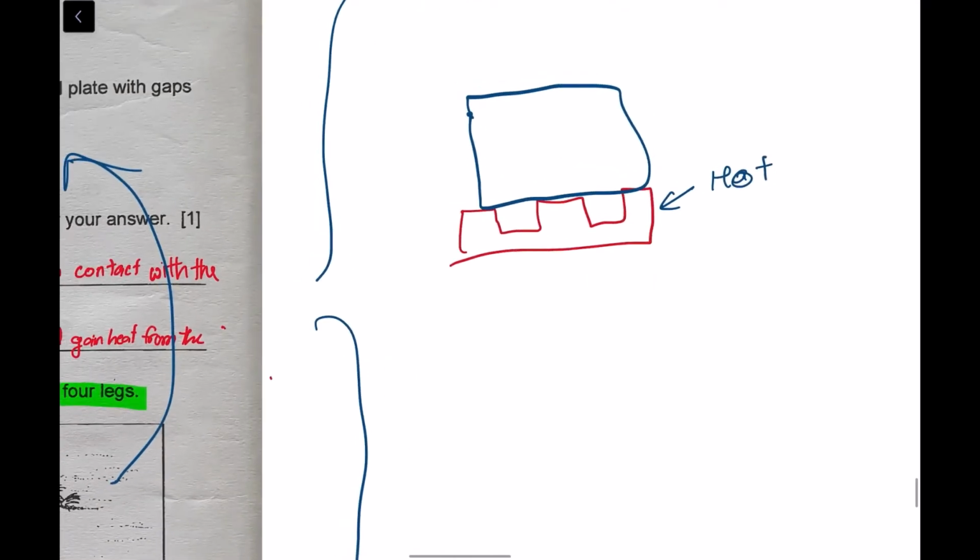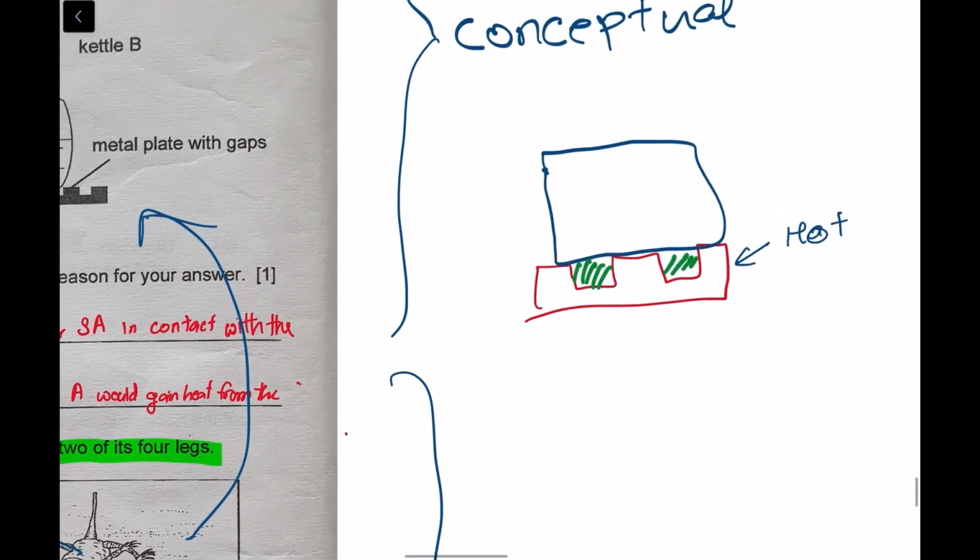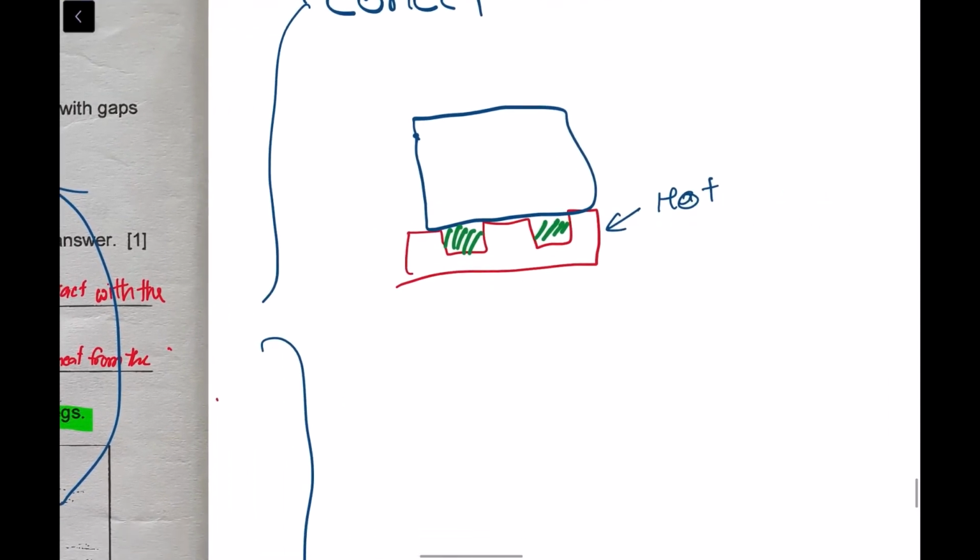So these air pockets contain air, which is a poor conductor of heat, and it reduces the rate of heat transfer from a region of high temperature to a region of lower temperature.